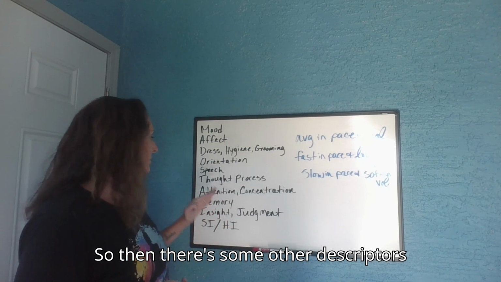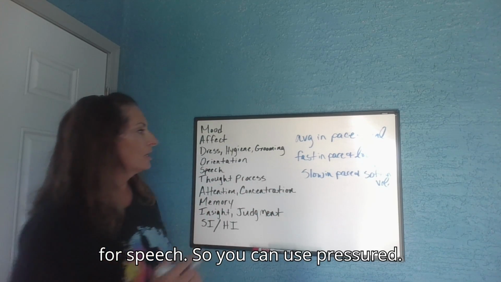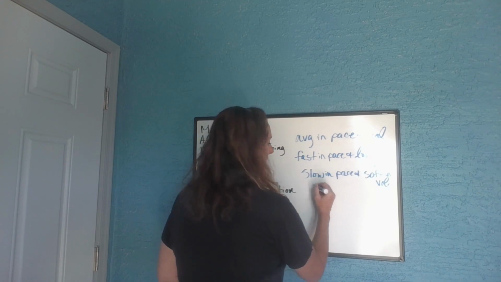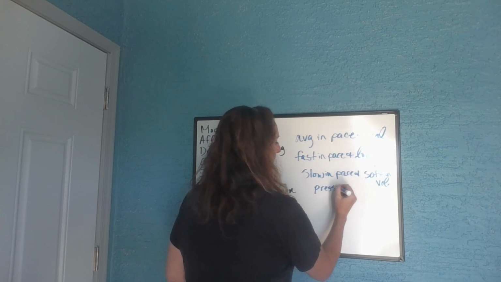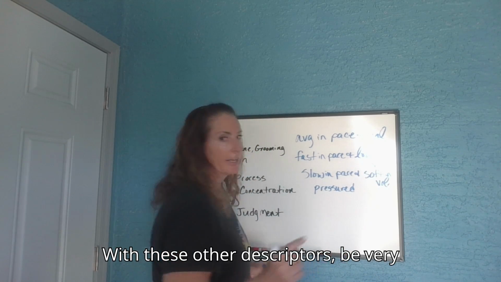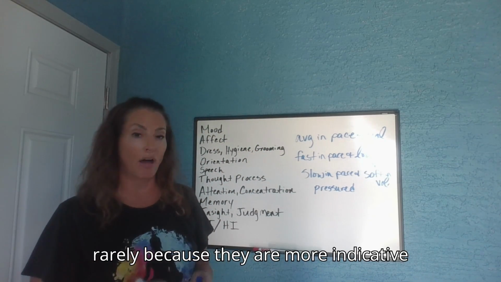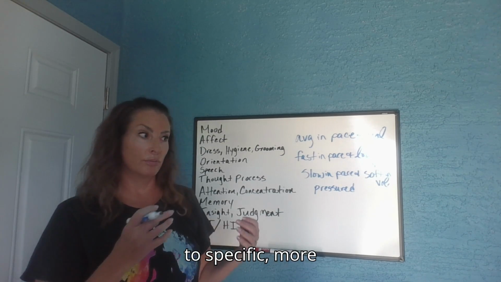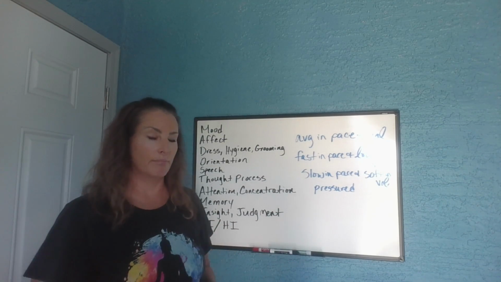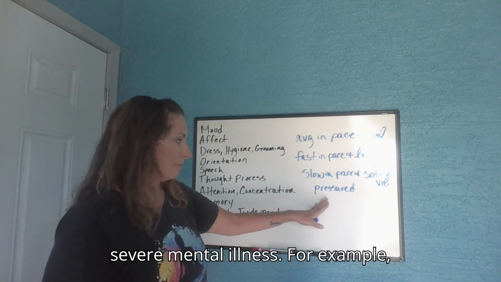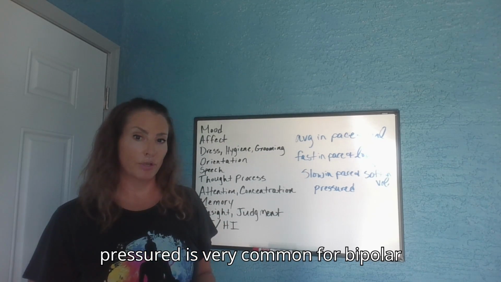So then there are some other descriptors for speech. You can use pressured. With these other descriptors, be very careful, and you're going to use them more rarely because they are more indicative of specific, more severe mental illness. For example, pressured is very common for bipolar disorder.